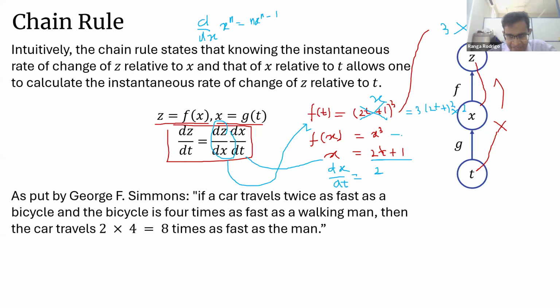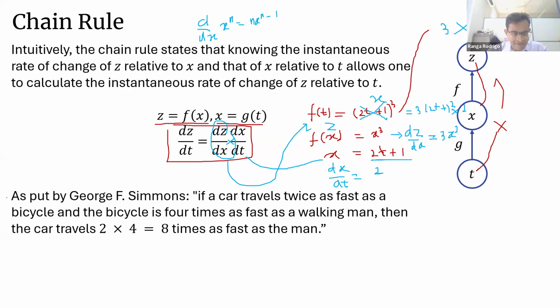Here you can see that we can call this dz by dx, which is 3x squared. Can you see that? You just multiply. I mean, no big deal. You just multiply. We call it the chain rule.